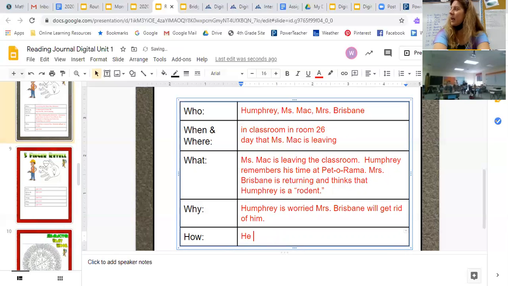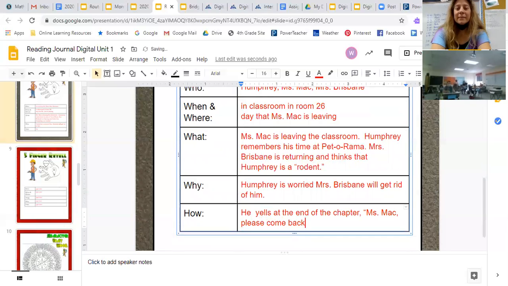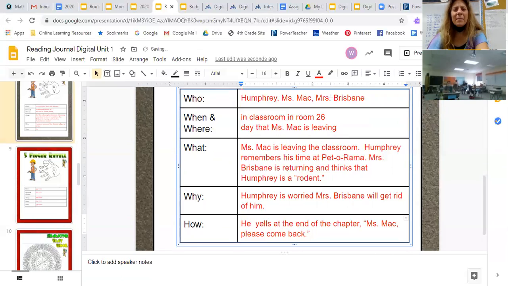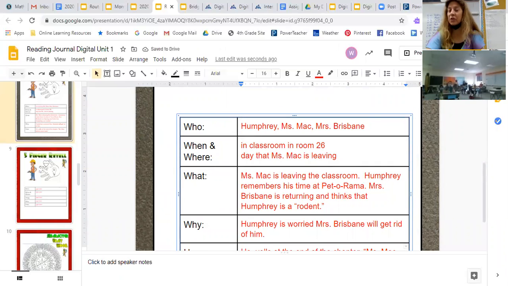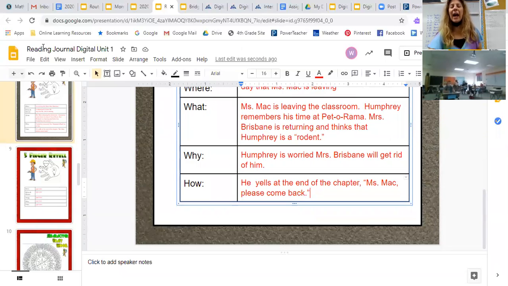At the very end, doesn't he yell, Ms. Mack, please come back, right? So when I'm thinking about this, I'm thinking about the who, the characters in the story. The where and the when is the setting of the story. The what are the events that are happening. The why is the problem. And the how is how he solved it at that time. We still don't have a real solution because it's a long chapter book.